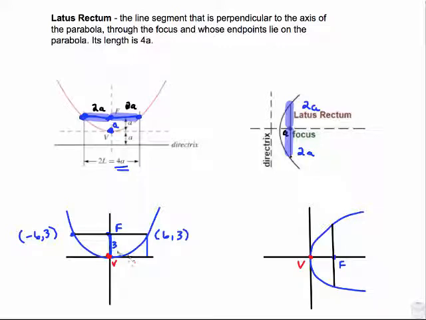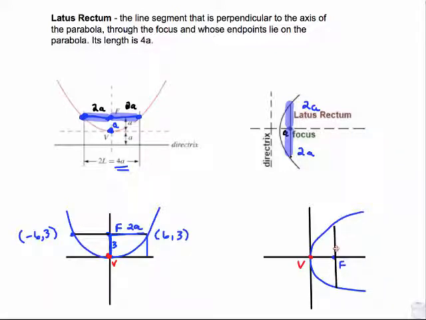You can follow the fact that from the focus out to the endpoint is a distance of 2 times the a value. And the a value will either be given to you or you'll be able to figure it out from other information. Now, if you have a sideways parabola, here's the sideways parabola. There's my vertex, there's my focus, and let's slide this in.